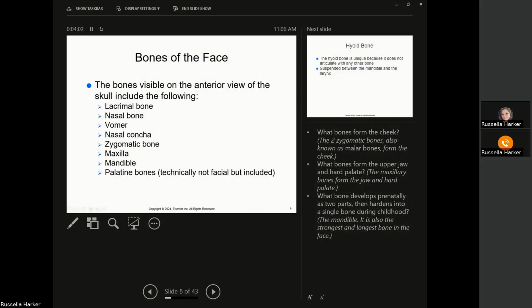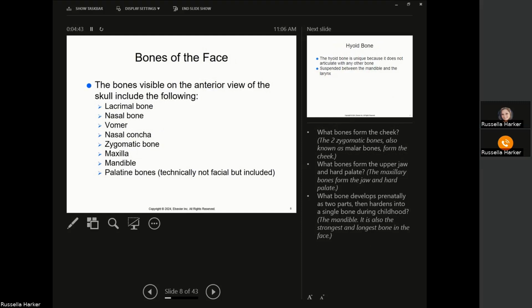The bones of the face are visible on the anterior, or the front view, of the skull, and they include the lacrimal, nasal, vomer, nasal concha, zygomatic bone, maxilla, mandible, and palatine bones, which are technically not facial, but they are included. With the zygomatic bones, they're also known as malar bones, and they form the prominence of the cheek and the lateral wall and floor of the orbit of the eyes.